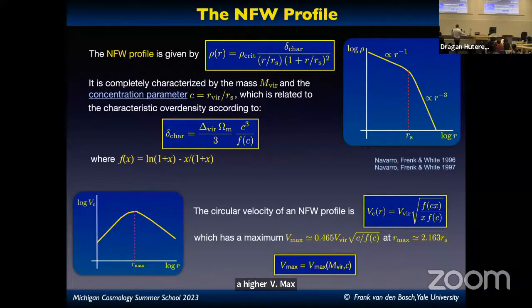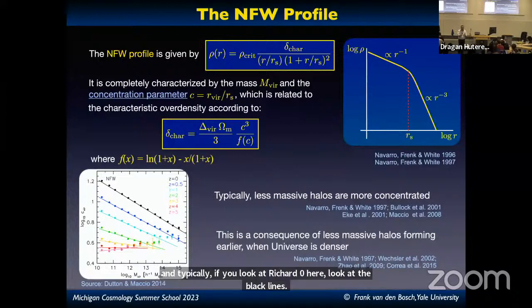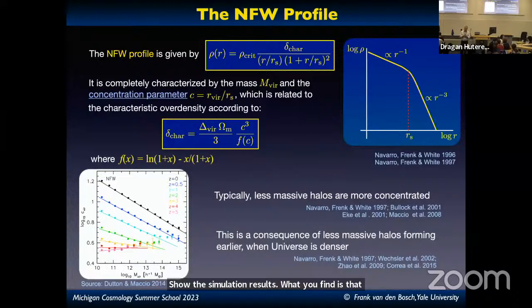All right. Next thing that we found in the simulations was that the concentration of a halo depends on halo mass. And typically, if you look at redshift 0 here, look at the black lines, which are the simulation results, what you find is that less massive halos are more centrally concentrated. And why would that be?